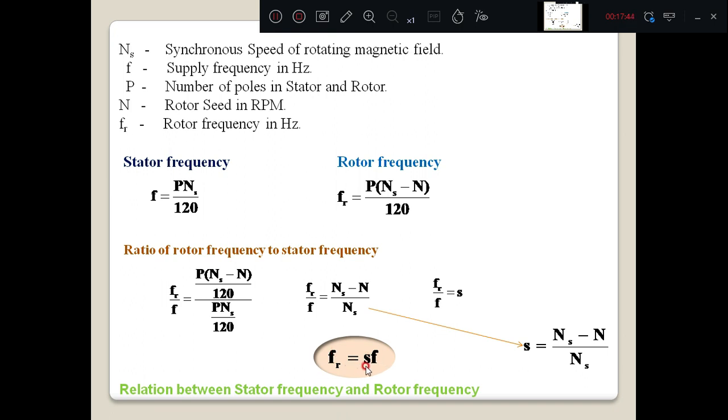That is, the rotor frequency is s times the stator frequency. This is an important relation we have derived for the rotor frequency. Based on these equations, in the next session we will solve some examples on the slip, rotor frequency, stator frequency and the synchronous speed.